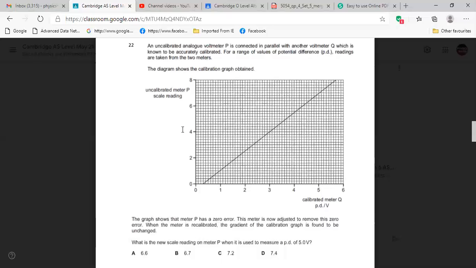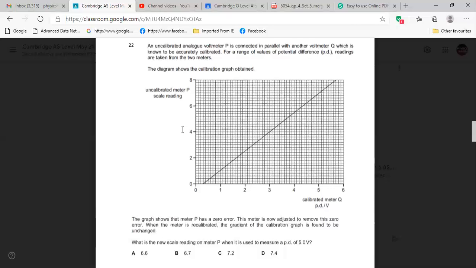Yes, sir. This is the first idea. And the second idea is they are saying the gradient of the calibration graph is found to be unchanged. So if the gradient is the same, they should be parallel, right? The new line should be parallel to the previous line if the gradient is the same. Is it clear to you?